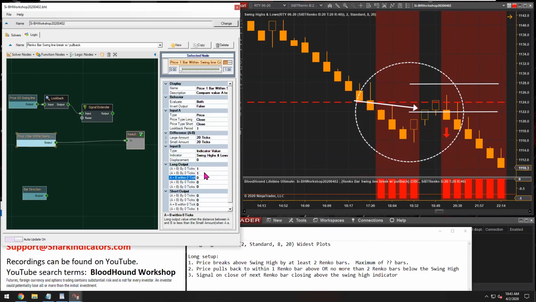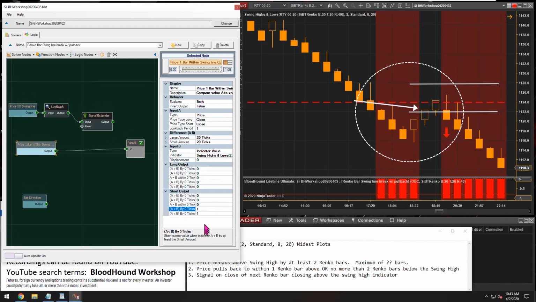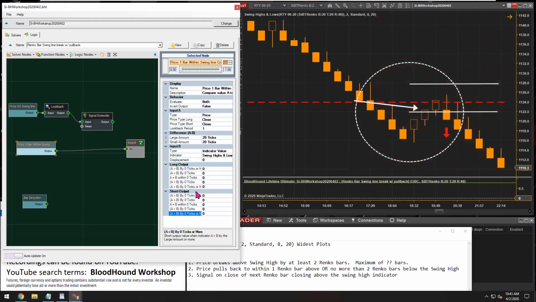And next, we're going to adjust all the outputs here. So I'm turning all the outputs off for now. And what we want to use is the A equals B within.